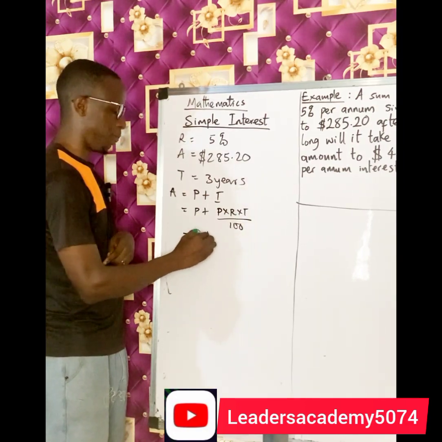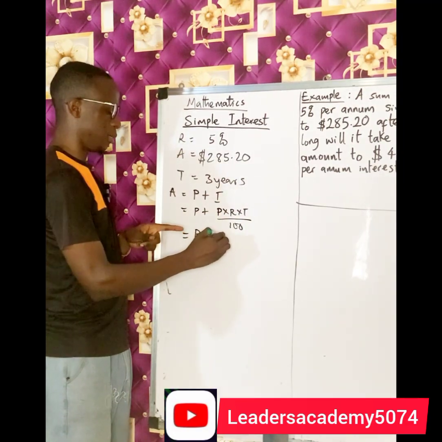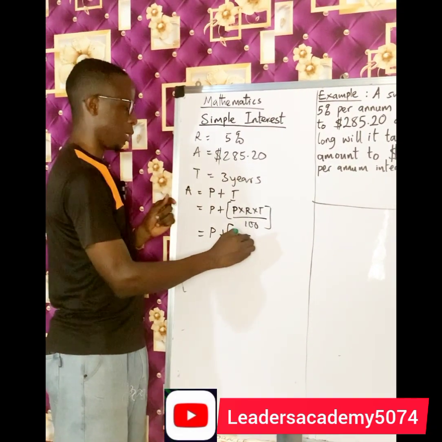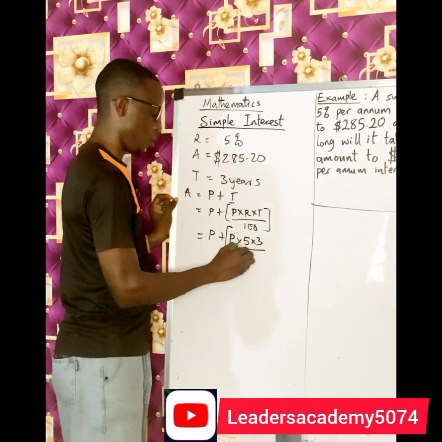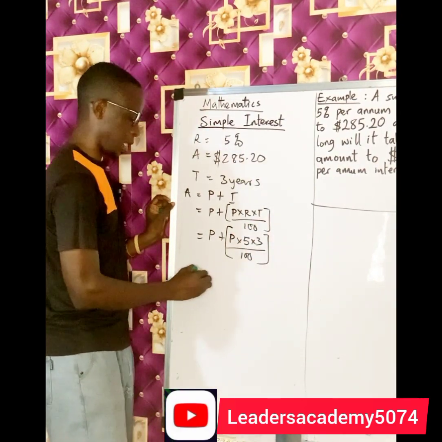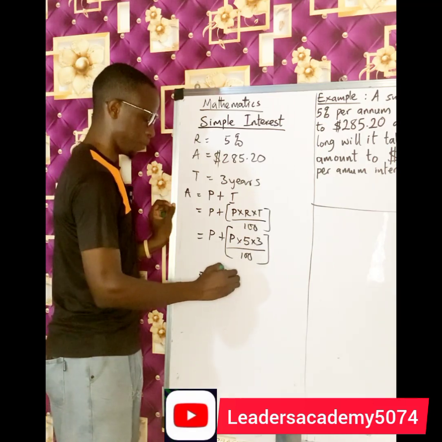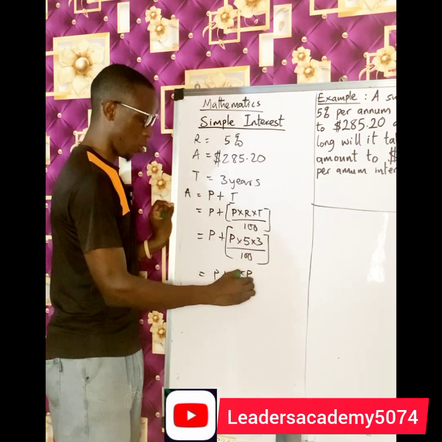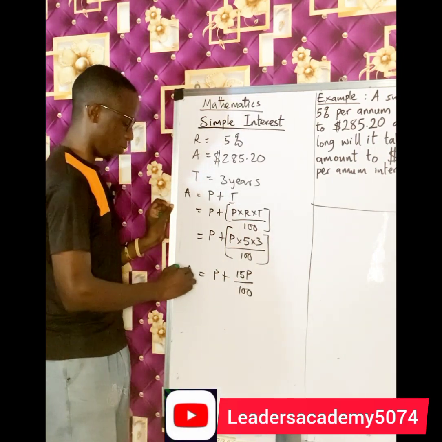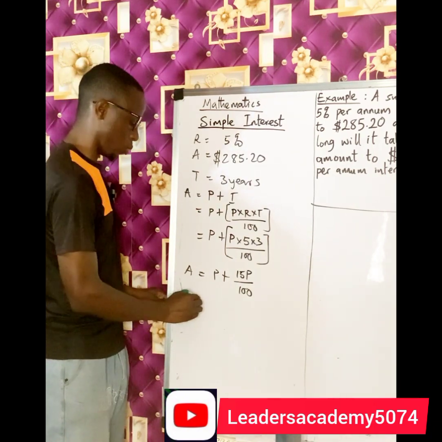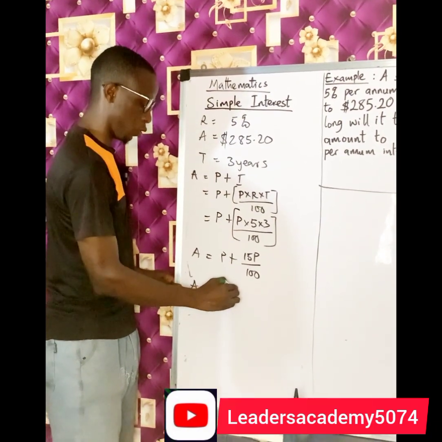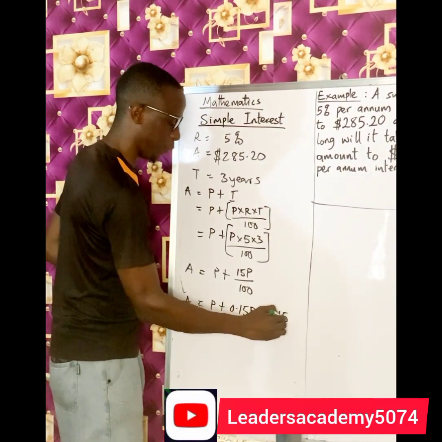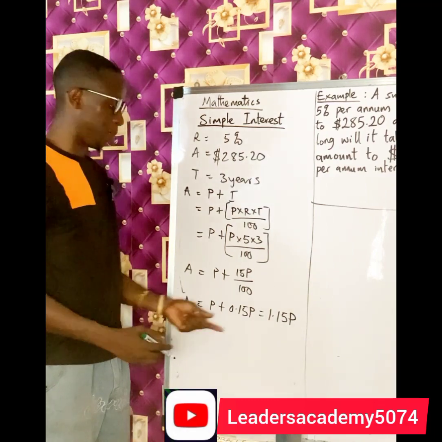So that is P plus P times 5 times 3 over 100. That gives you P plus 15P over 100. So the amount is P plus 0.15P, which is 1.15P.